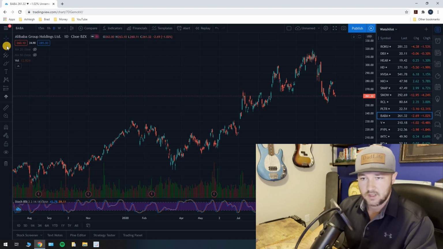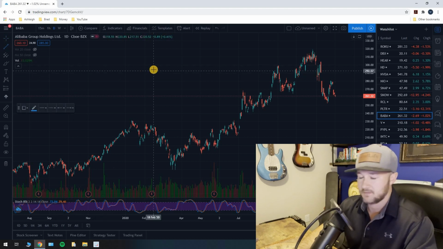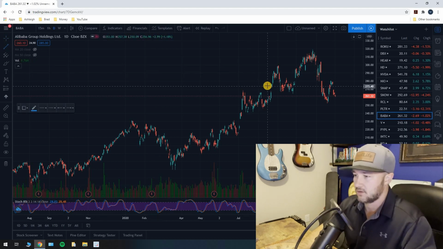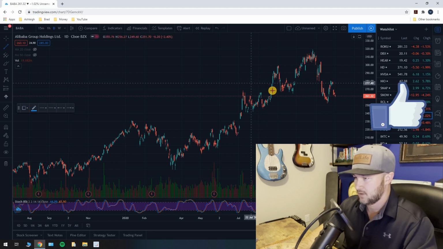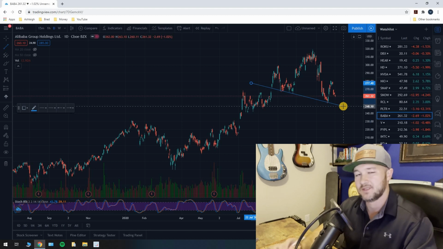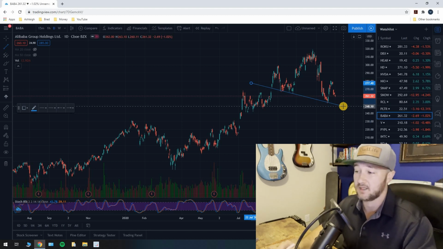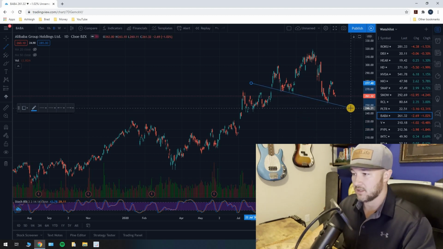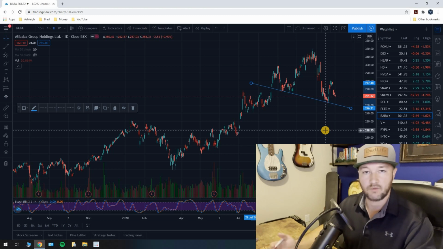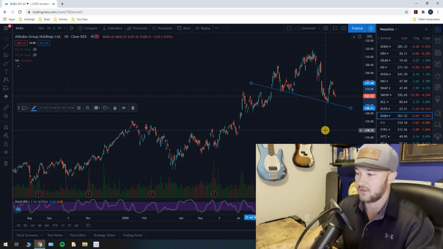This stock chart pattern is called a head and shoulders, and it points to the downside for Alibaba, pretty significantly. I'm going to show you a price target in a little bit, but I want to talk about the pattern and how it forms and the reliability and things like that too.